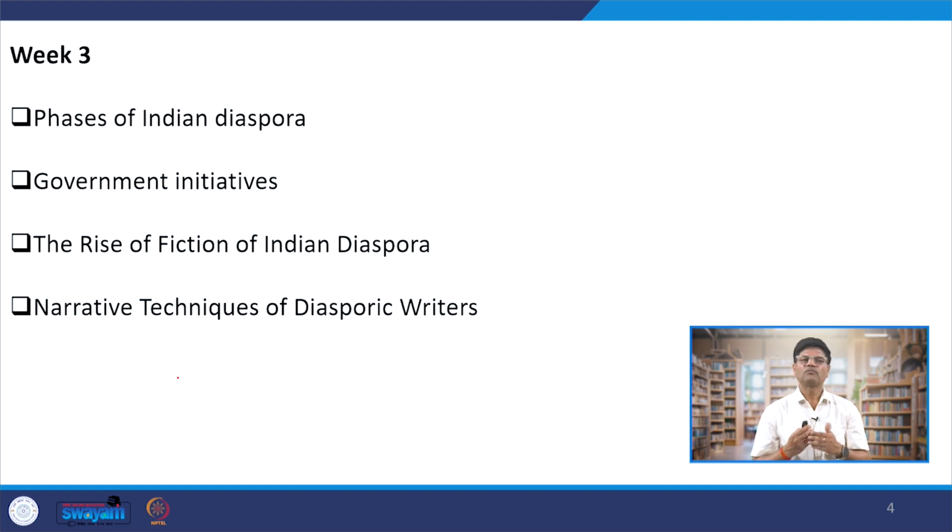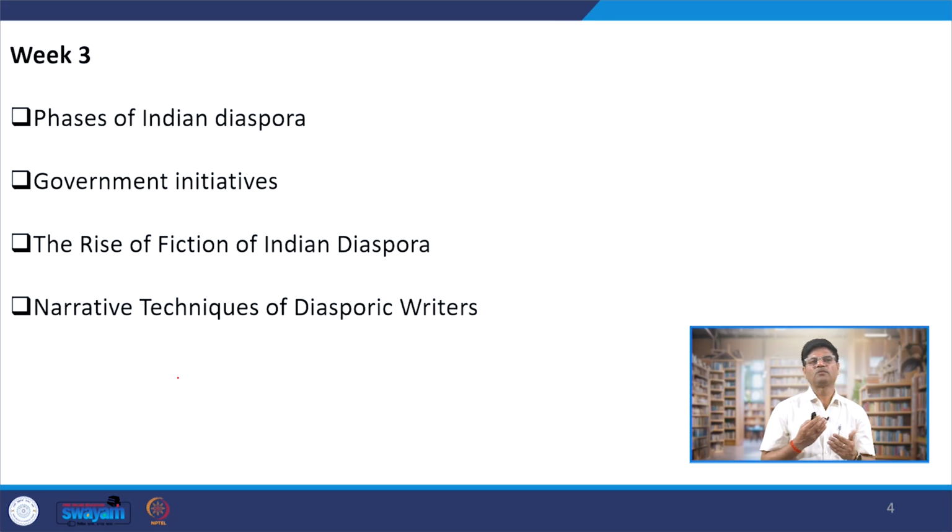And many of these government initiatives are commendable because they have been able to establish a kind of emotional bridge and cultural connect between the diasporic community and home.